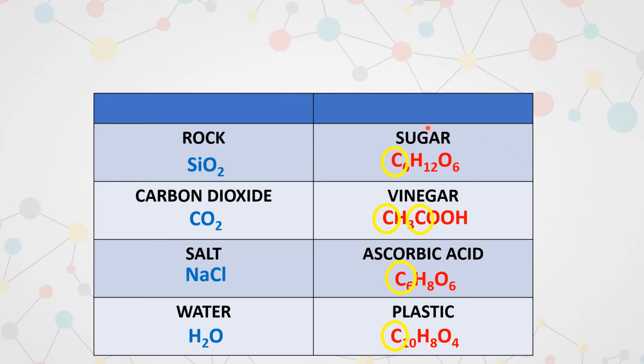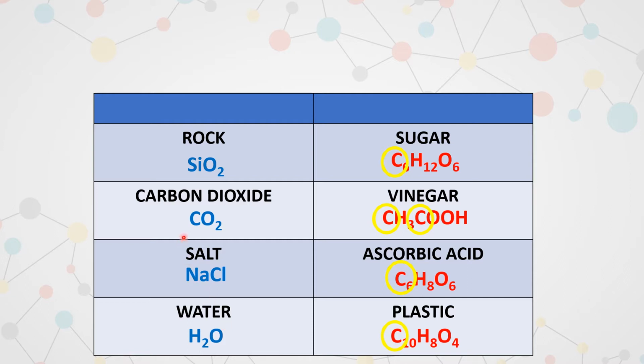And therefore, these compounds here, such as sugar, vinegar, ascorbic acid, and plastics, are considered to be organic compounds because they are composed of carbon. On the other hand, these groups of compounds here mostly are not composed of carbon.